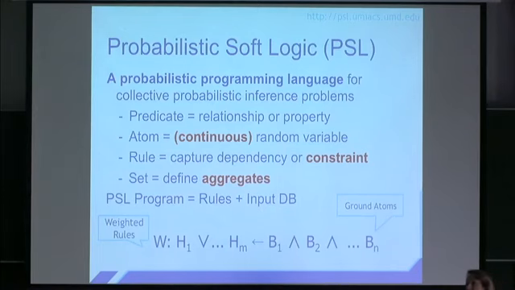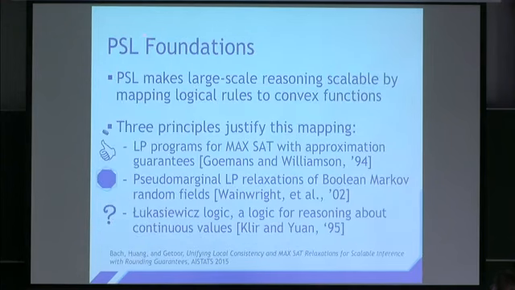What we do in PSL, and what is really cool and makes this tractable, is we're going to convert this into a convex function. And the way that we do this, to me, the really interesting mathematical thing, which I'm not going to go into detail here, is we can use 3 different interpretations for the semantics of the random variables and end up getting to the same optimization problem.